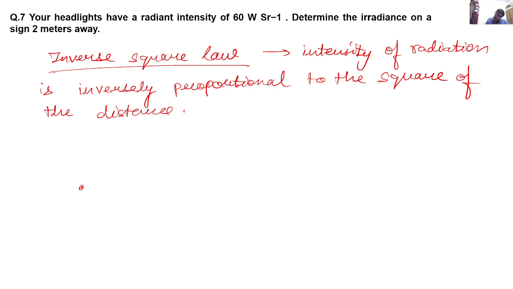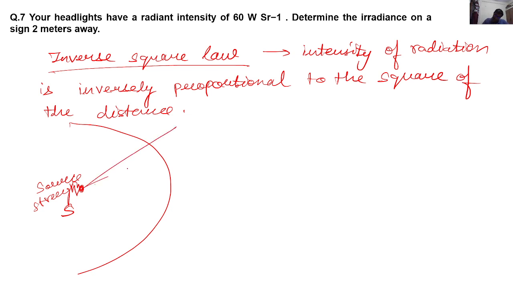So let us suppose this is the source. The source strength is, let us suppose, S. You assume a hypothetical sphere around it. Let's suppose this is the hypothetical sphere. The intensity goes on like this.